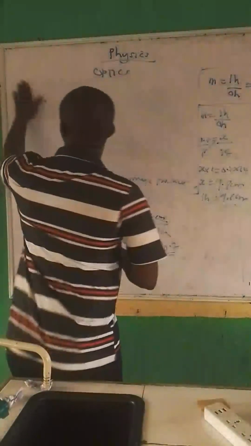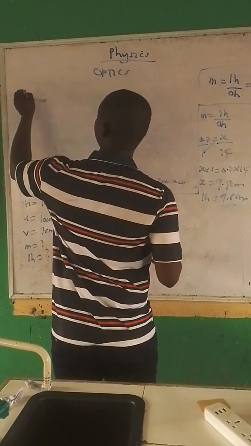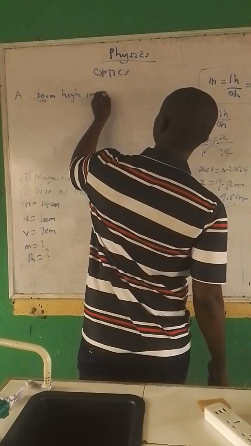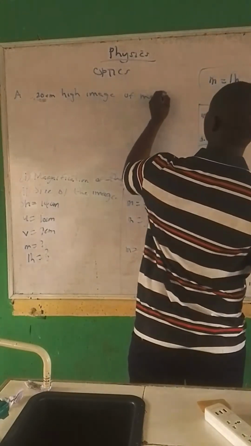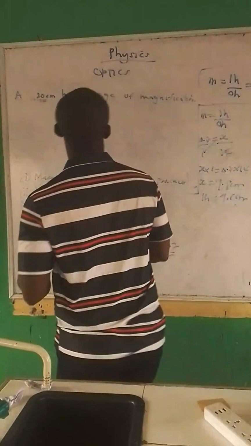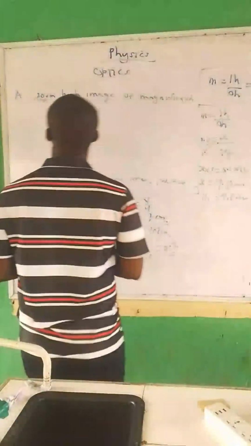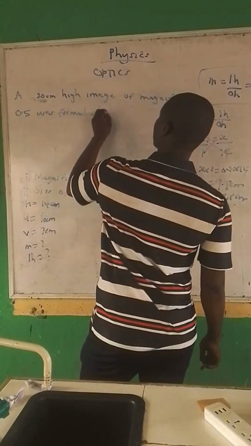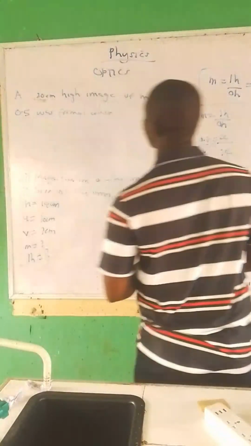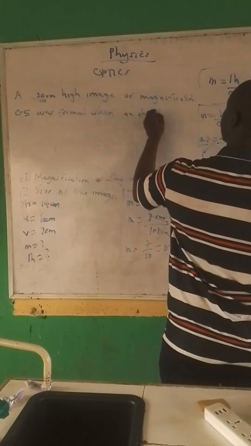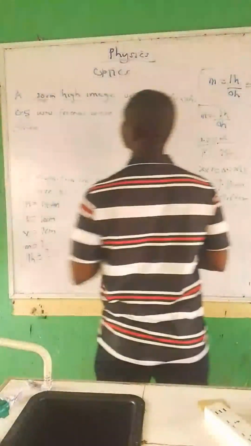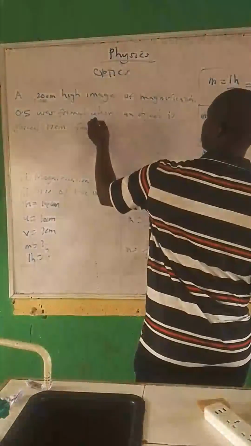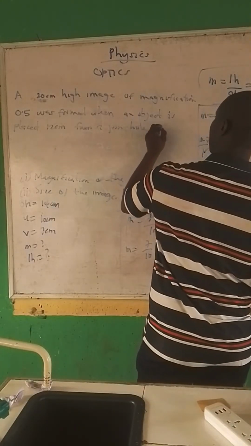Yes. Another question is this. A 20 centimeter high image of magnification 0.5 was formed when an object is placed 12 centimeters from a pinhole camera.